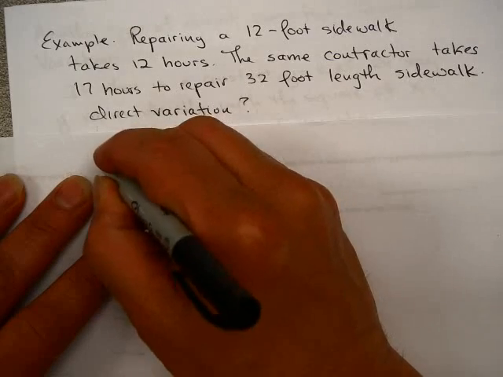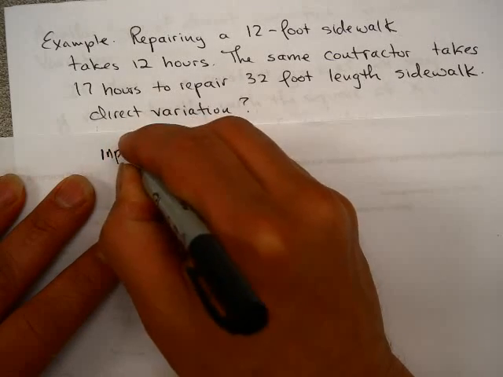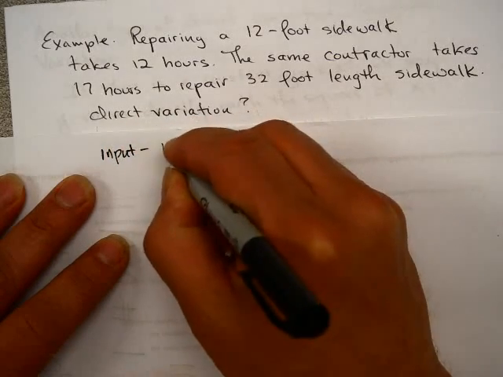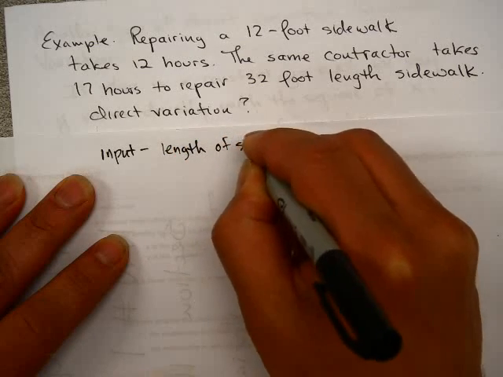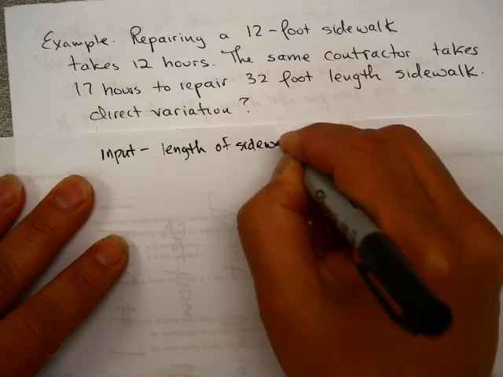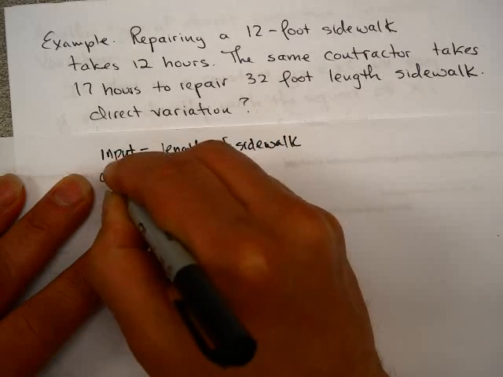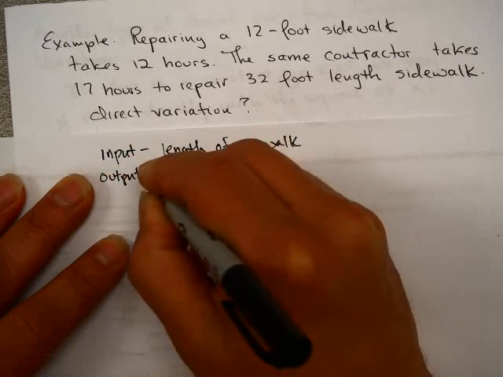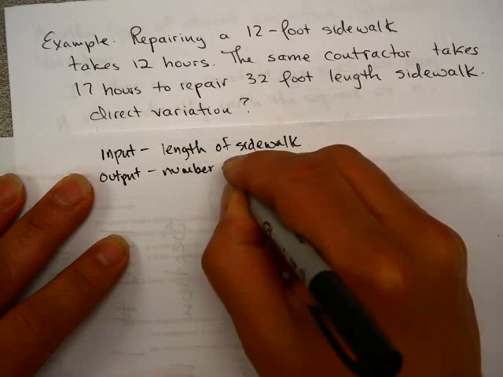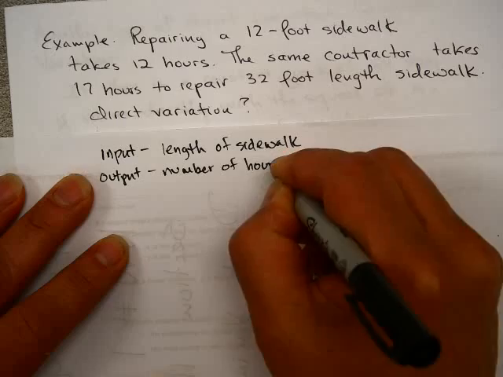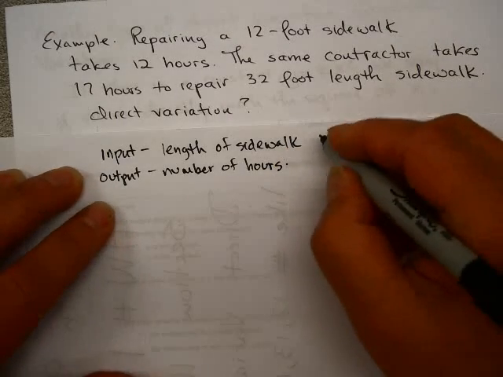So for my input, I'm going to have the length of the sidewalk that I'm going to repair. And for my output, I'm going to have the number of hours. Now it doesn't really matter which one's input or output, but that's just the way I'm going to choose this.